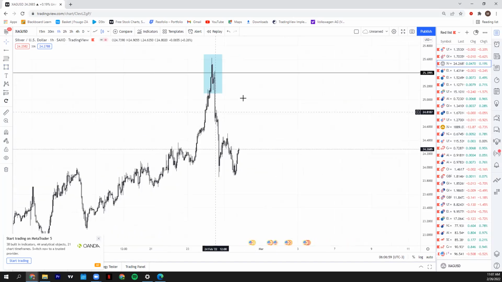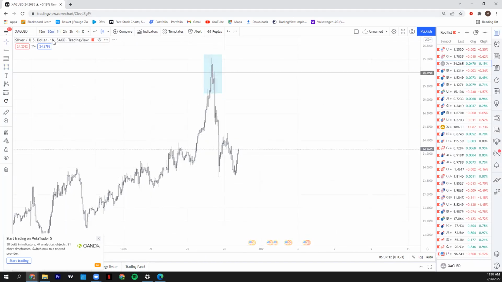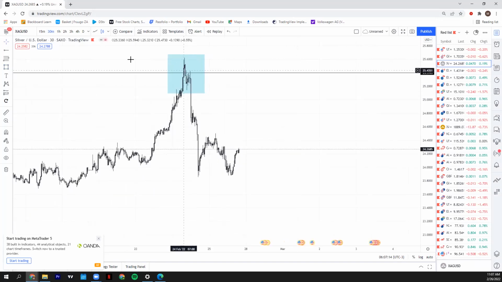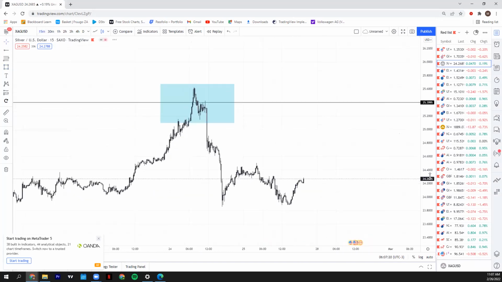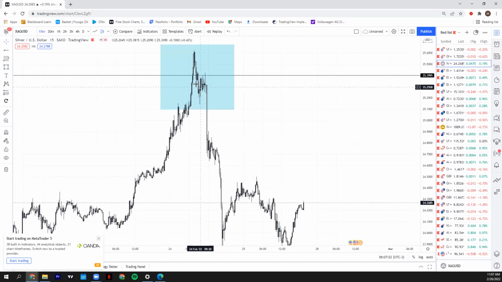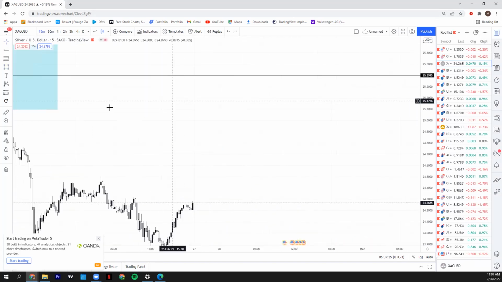Now I'm back with the silver. The reason why I decided to do silver is because it's easier to figure out these flags or structures. So I'm gonna move on from the 1-hour time frame to the 15-minute time frame to really look at the flag or pattern that we had right here.